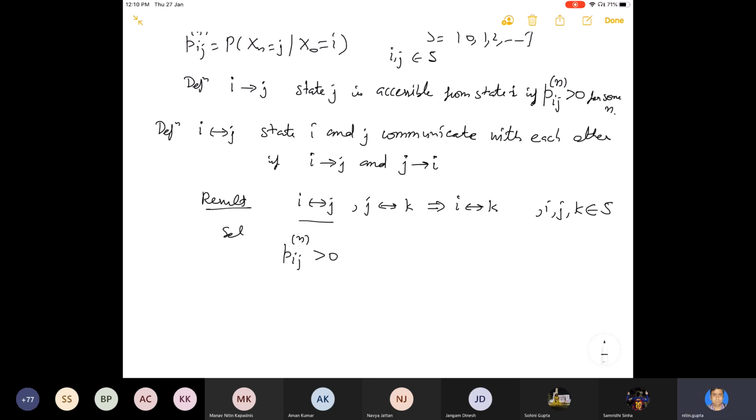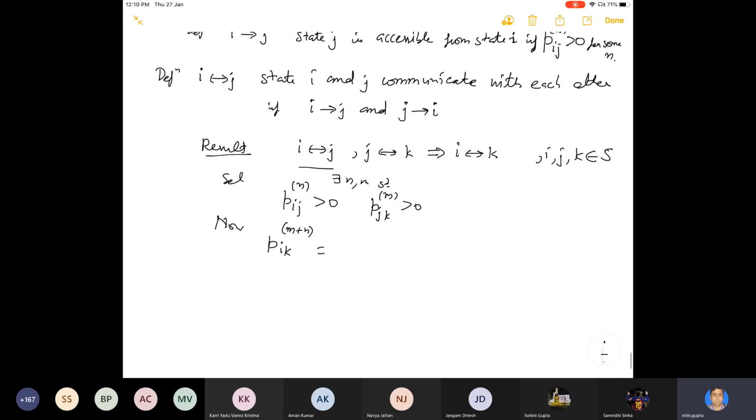For some n there exist n and m such that p_jk^(m) is positive. So now p_ik^(m+n). So now you have done the Chapman-Kolmogorov equations.